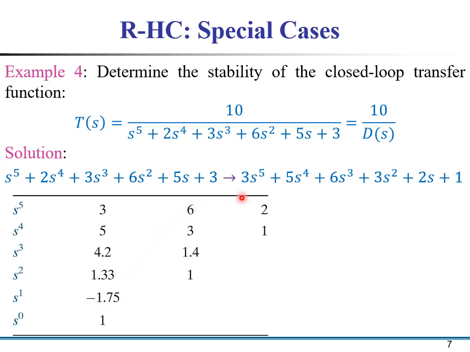One thing you should remember is that when we reverse the coefficients of a polynomial, the number of zeros in the right half plane for both of them will remain the same. Though their location will change, the number of zeros of the polynomial on the right half S plane of this polynomial and this polynomial will be the same, though their coefficients are in the reverse order.